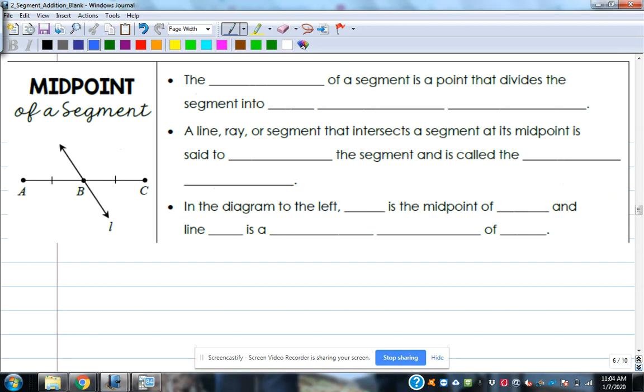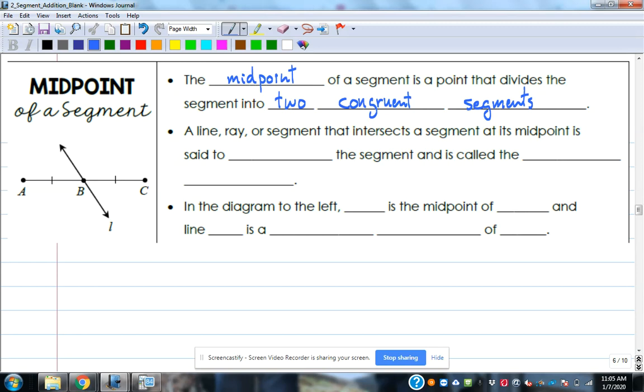All right, let's get to the midpoints. The midpoint of a segment is a point that divides the segment into two congruent segments. Okay, two congruent segments.